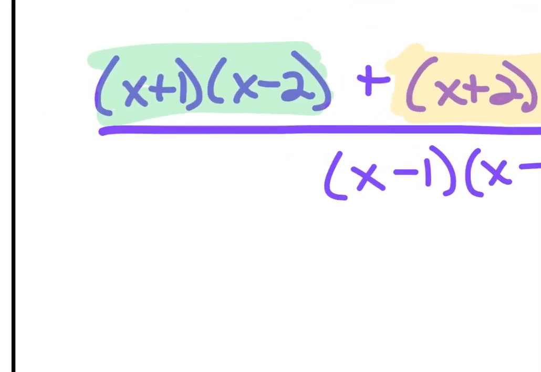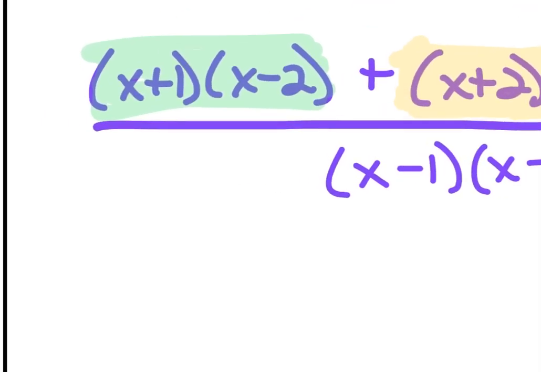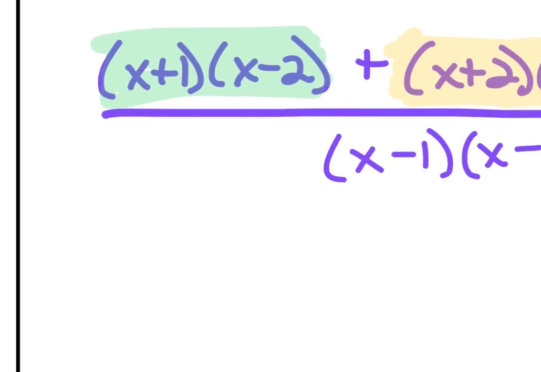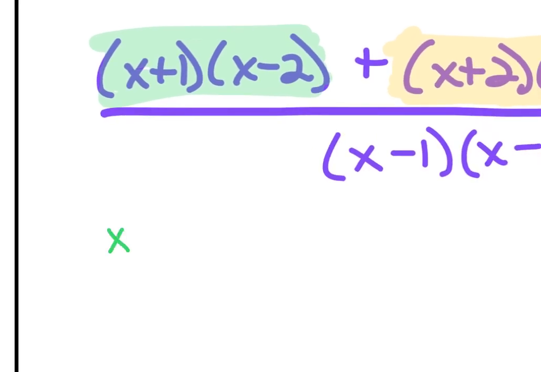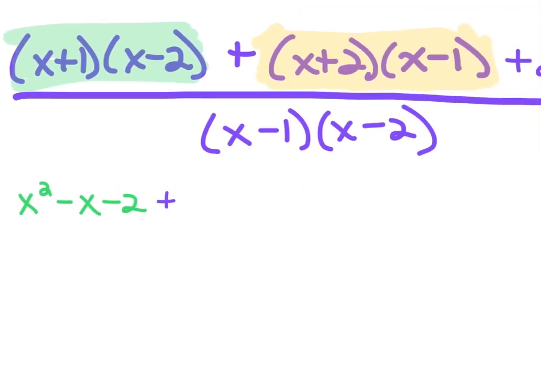So when I FOIL the stuff that I highlighted in green, I get x squared minus 1x and then minus 2. And when I FOIL the stuff that I highlighted in yellow, I get x squared plus 1x and minus 2, and then just bring down plus 2x.